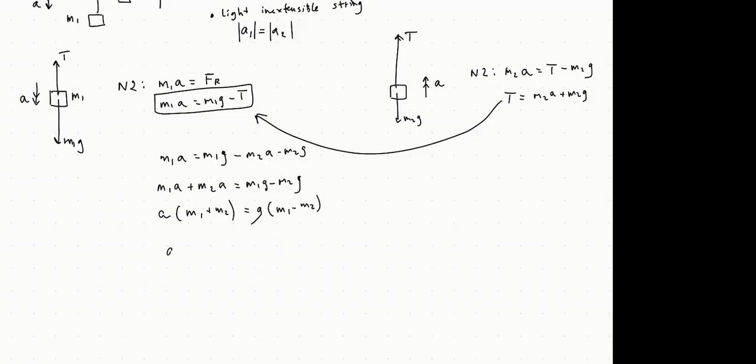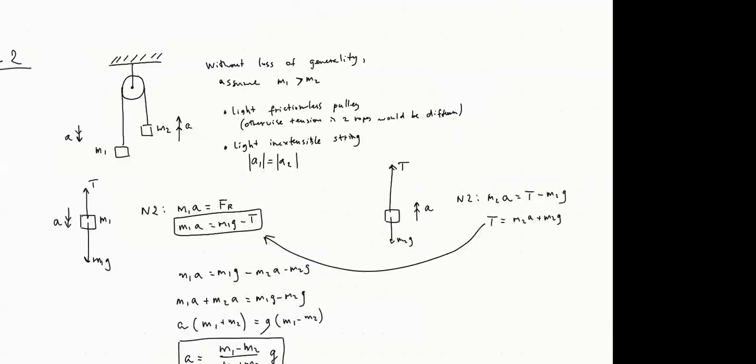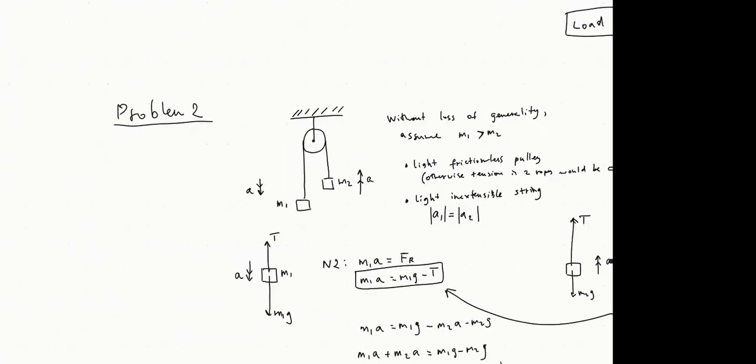So acceleration is equal to (m1 minus m2) divided by (m1 plus m2), times g. That's the acceleration of the system. Yeah, so the question is find a. Let's find T as well, the tension in the ropes.